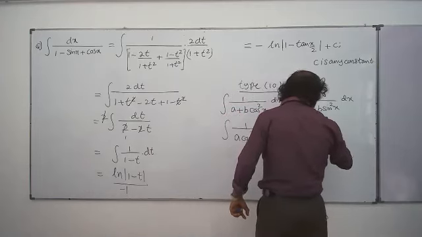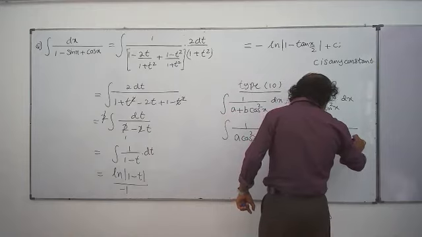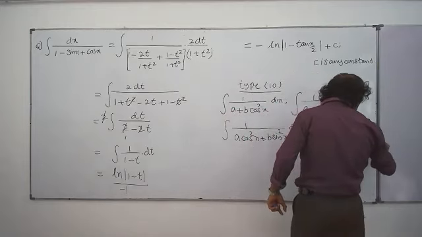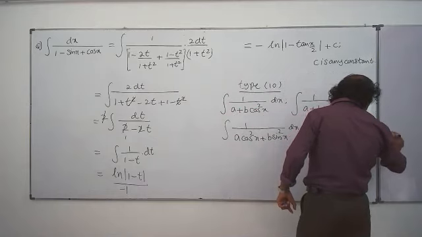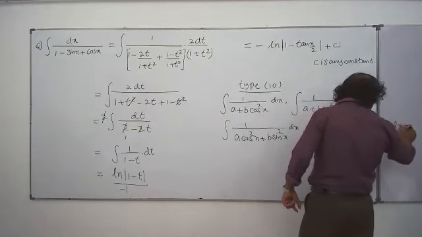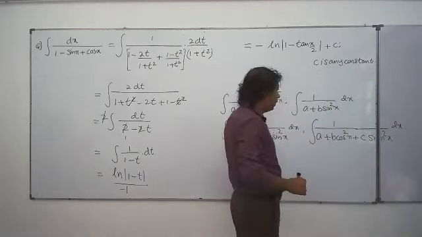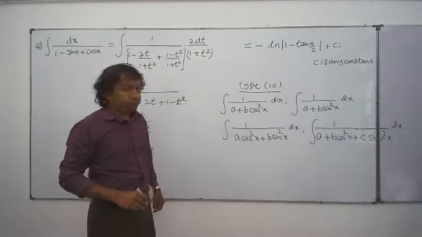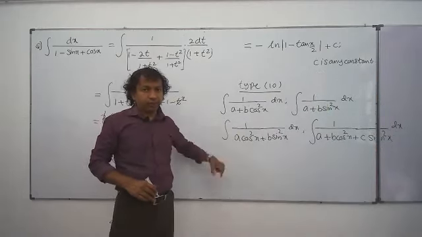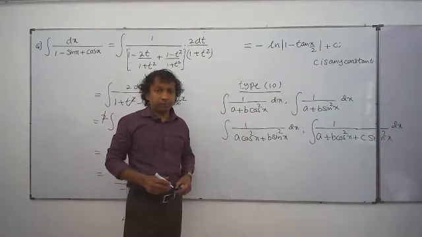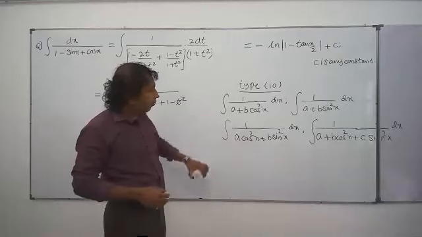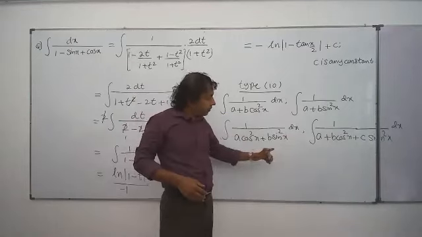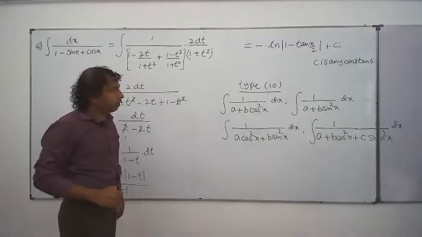Or this way, people, a plus b cos squared x plus c sin squared x dx. Here the integrand contains square terms of cos and sine. Right? Write down type 10. This type of integrands we supposed to consider under this type 10.